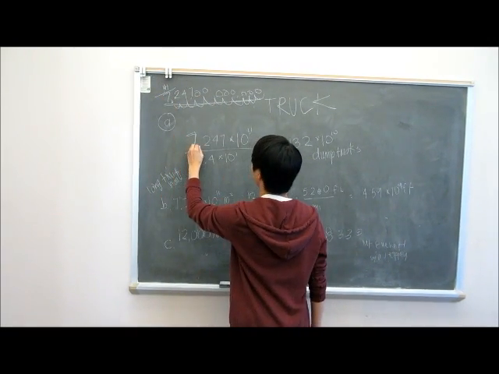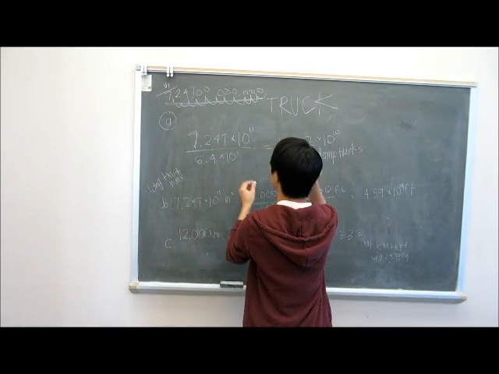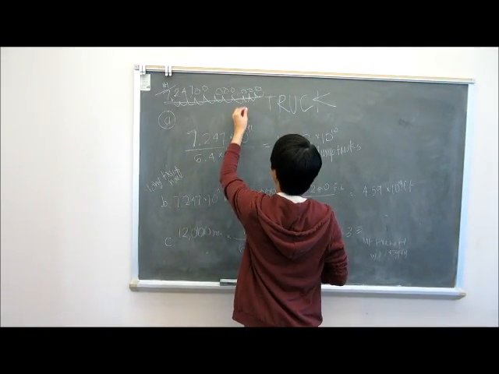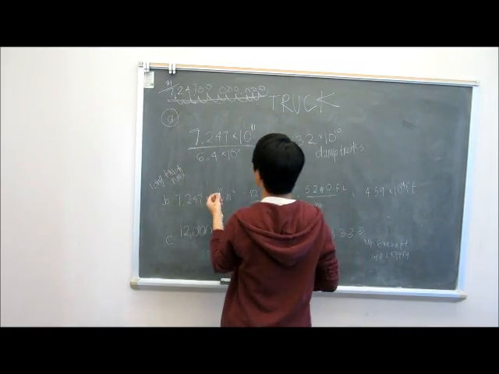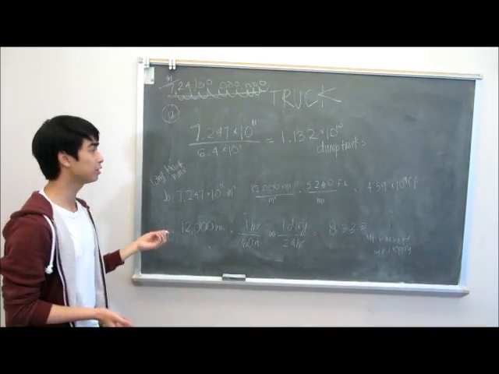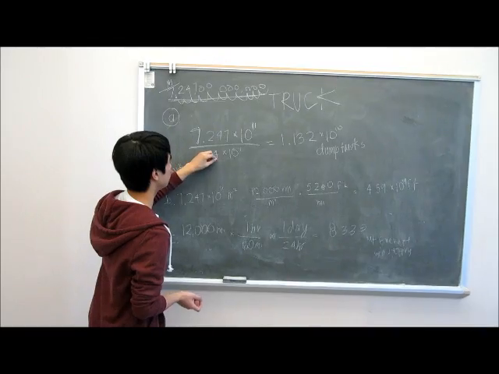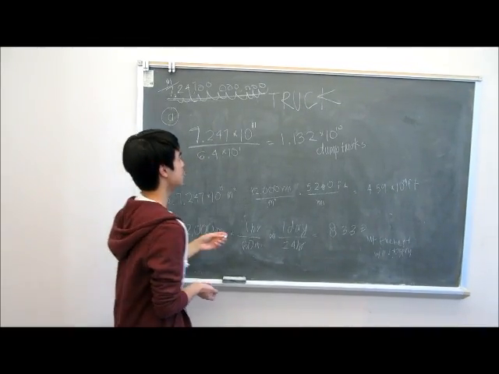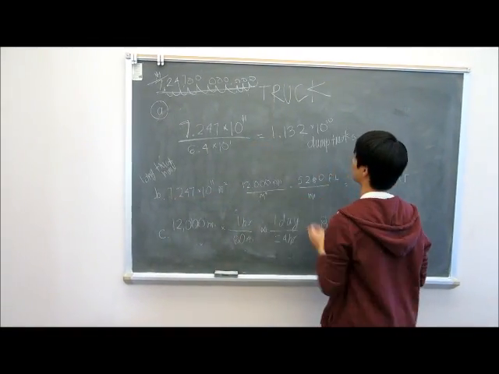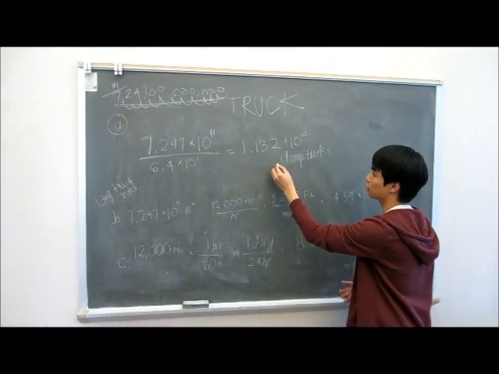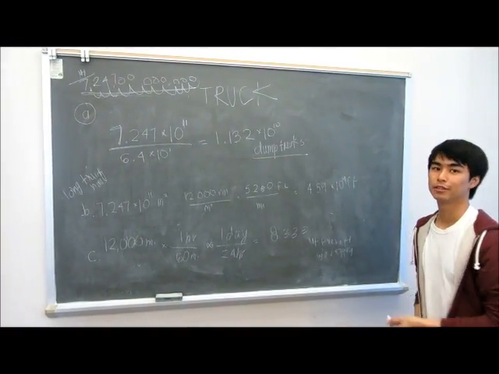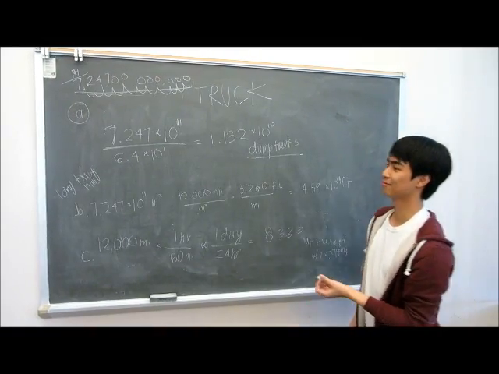So it's 7.247 times 10 to the 11, since there's 11 spaces here. And since there's 64 cubic meters, we convert that to 6.4 times 10 to the power 1. And if you were to solve that, it would equal 1.132 times 10 to the 10. And that's how many dump trucks it would take to transfer Mount Everest.